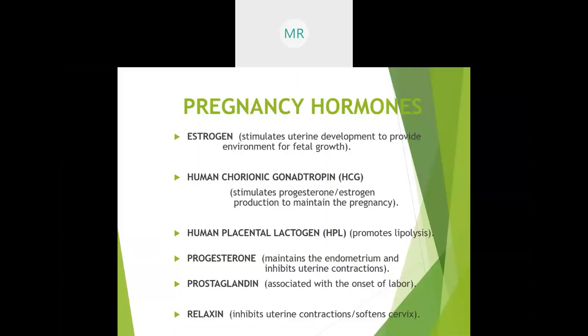It breaks down fats from the mother to provide fuel for this growing fetus. HPL is also an insulin antagonist, so it inhibits the release of insulin. Another little thing I can say about HPL, human placental lactogen, is that it decreases the maternal metabolism of glucose to allow for more fetal growth.